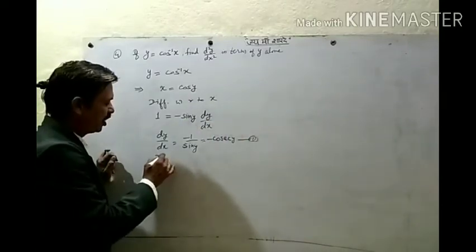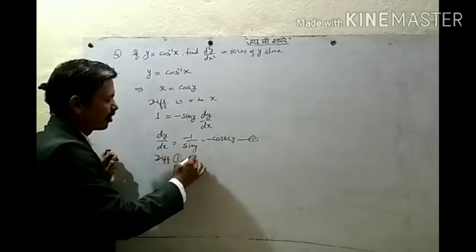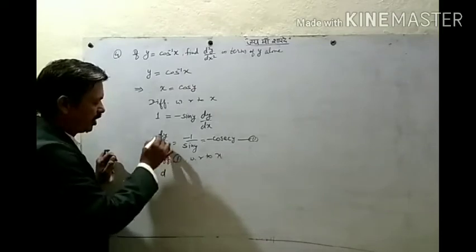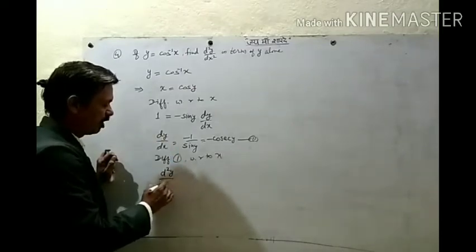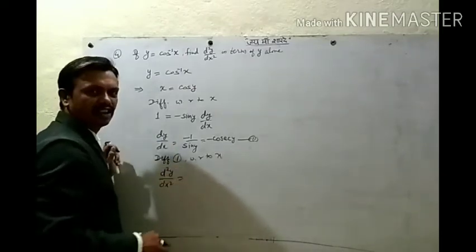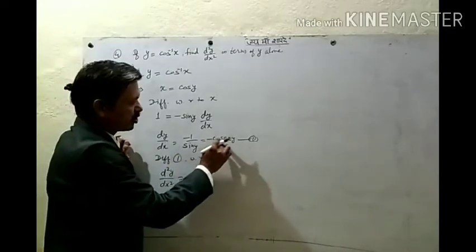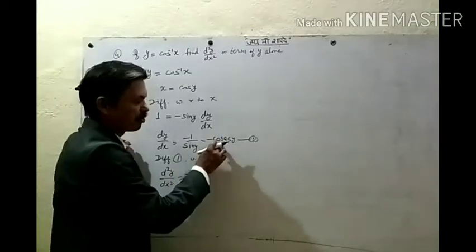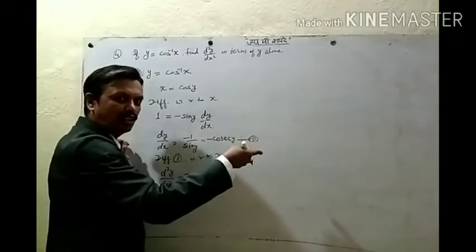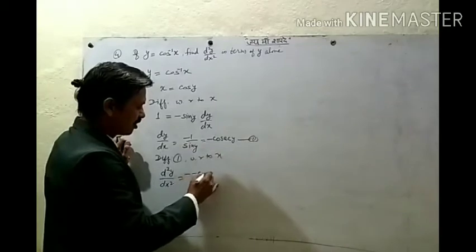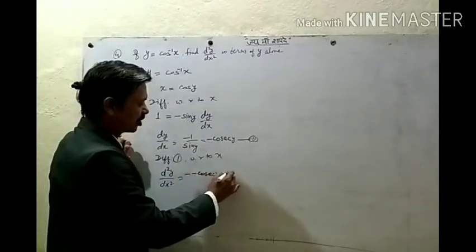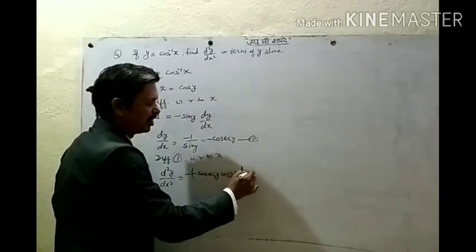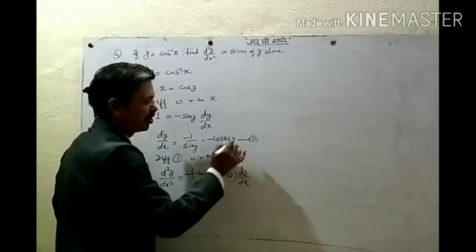This is the value of dy by dx, this first derivative. Now if you differentiate it with respect to x, the derivative of dy by dx means d2y by dx square. Here we have minus cosec y, so the derivative of cosec y is minus cosec cot, so minus minus plus cosec y cot y, but again there will be dy by dx because it is not actually x.